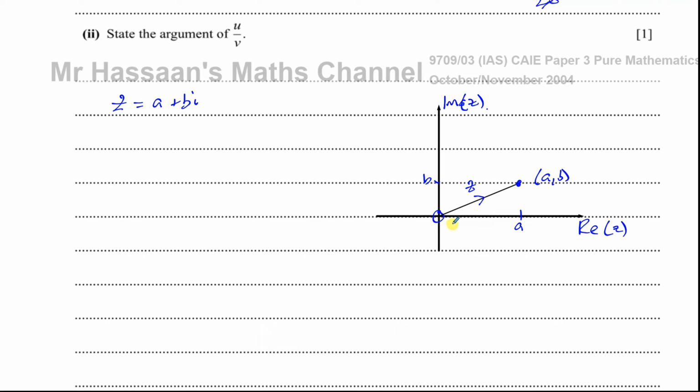Now the argument of a complex number, the argument of the complex number z here, is basically the angle it makes with the real axis. Let's call this, for example, theta.